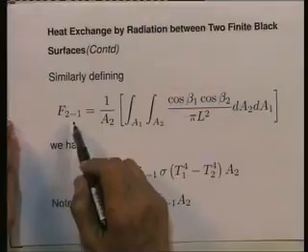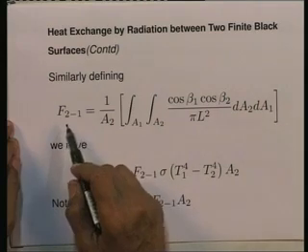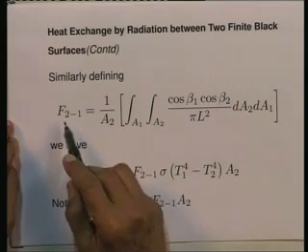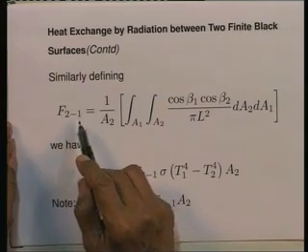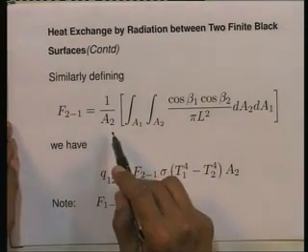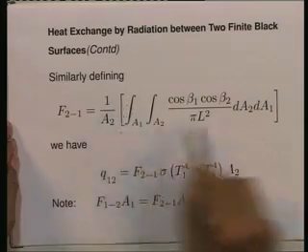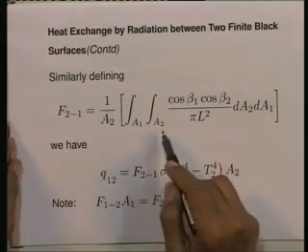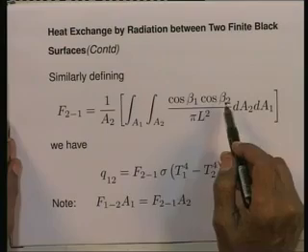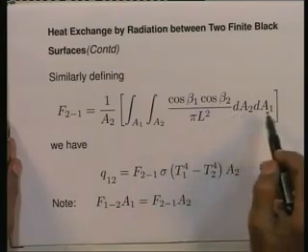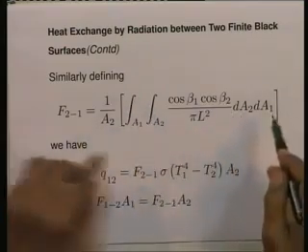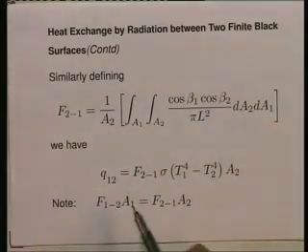F2 to 1, the shape factor of 2 with respect to 1, is equal to 1 upon A2, the integral over A1, the integral over A2 cosine beta 1 cosine beta 2 over pi L square dA2 dA1, the same quantity within the square bracket that we had earlier.